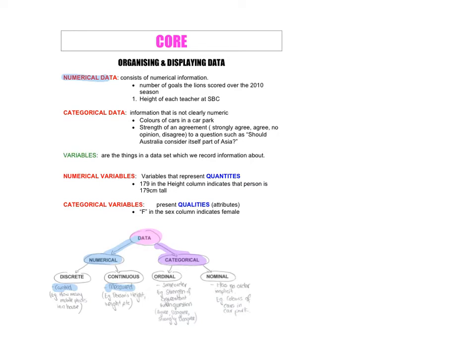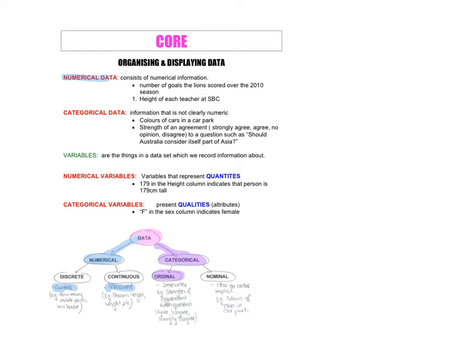If we go down here, we'll do the category. It does have some type of order to it. With shoe size, if I'm wearing a size 6 and someone's wearing a size 10, I know their foot is bigger, because there's an order in the shoe categories. That's what ordinal means: you've got a category but you can find an order.